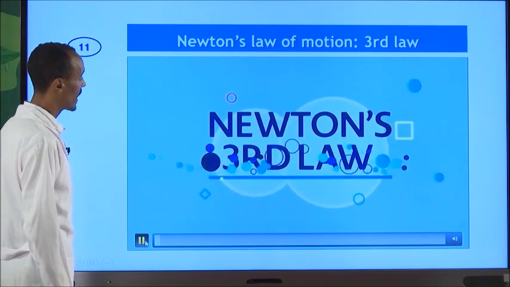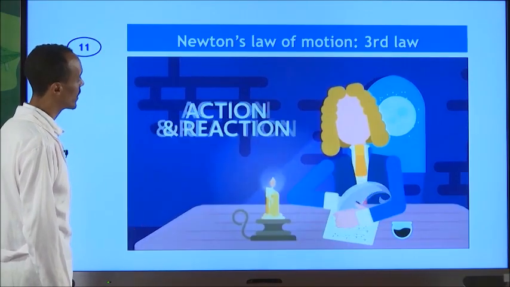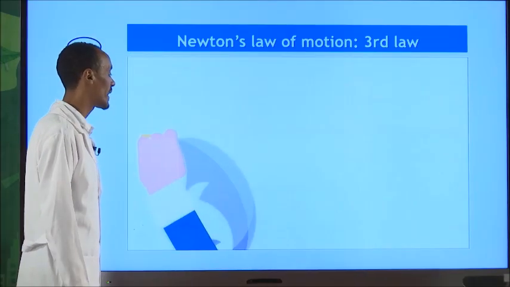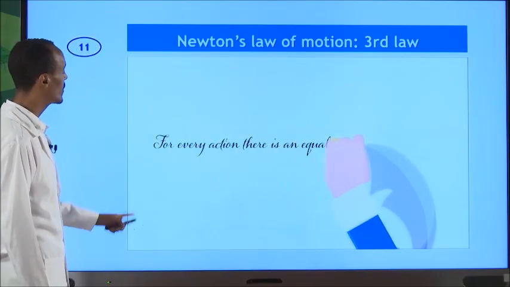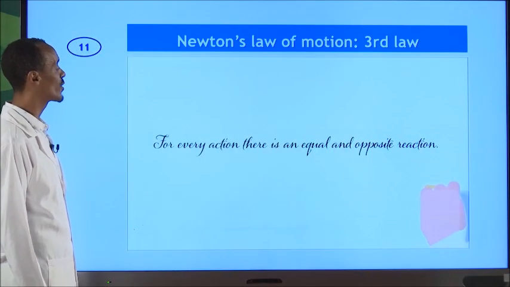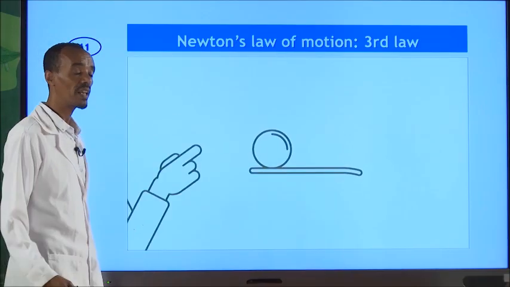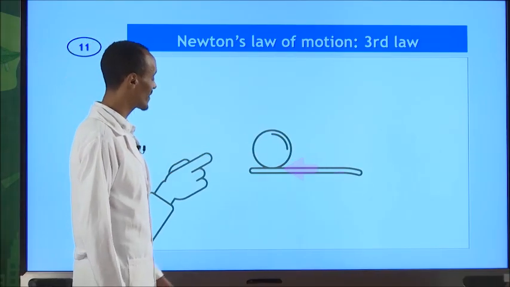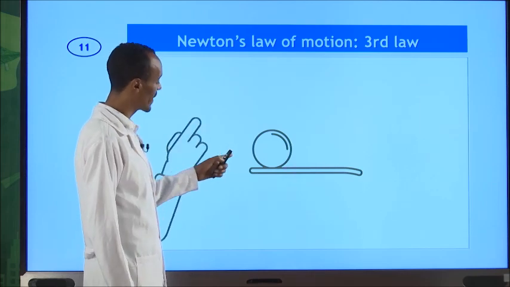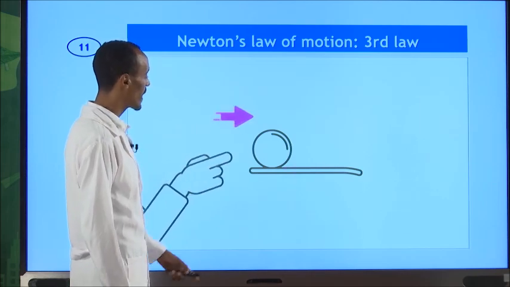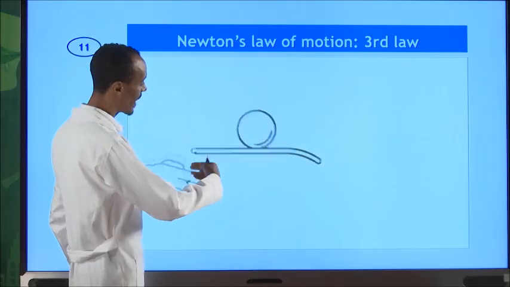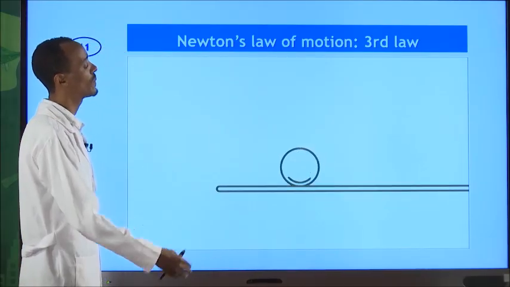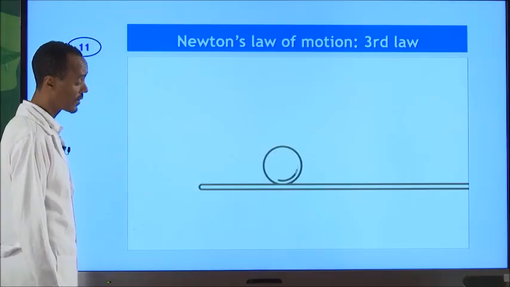Okay, students, now let's come to Newton's third law of motion, which is the law of action and reaction. It states that for every action force there is an equal and opposite reaction force. The ball is at rest, and if you apply a force on this ball, the ball is also pushing you back, and if the net force is larger, then it will be set into motion.